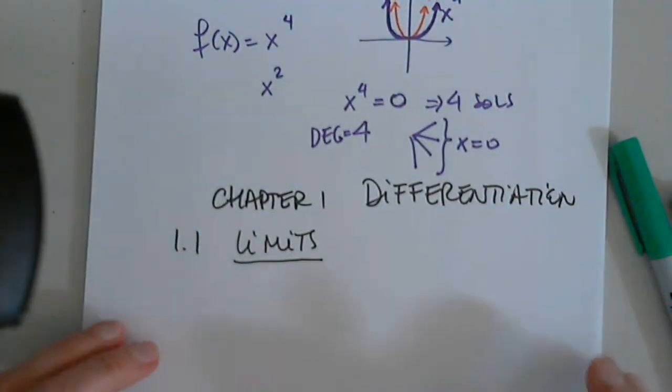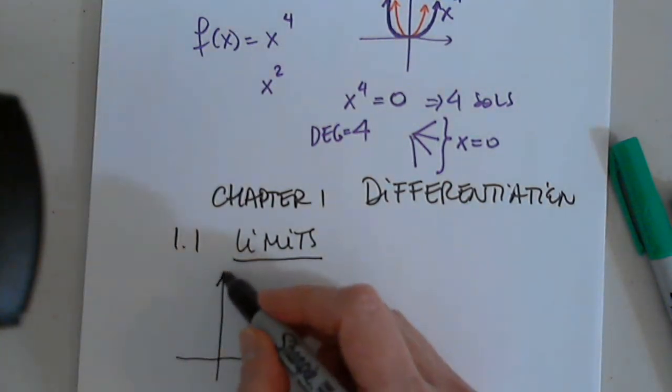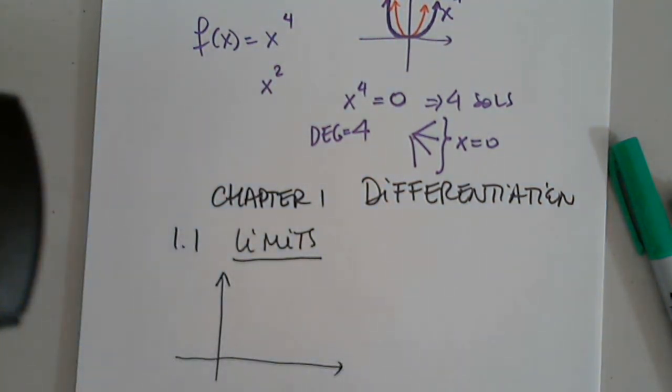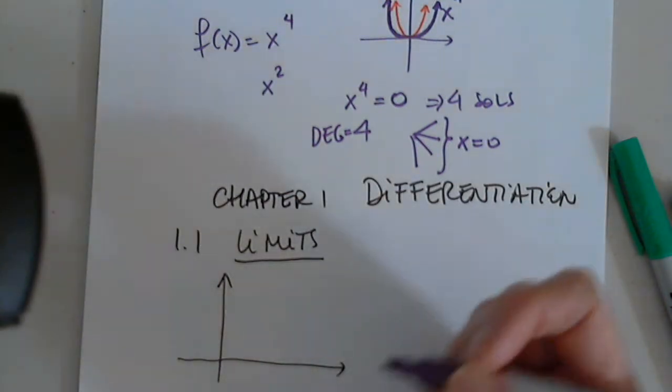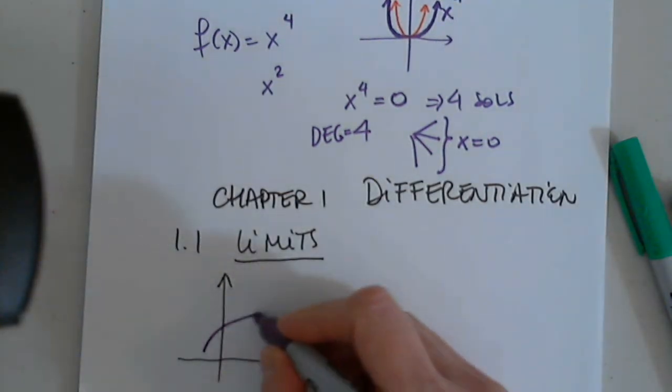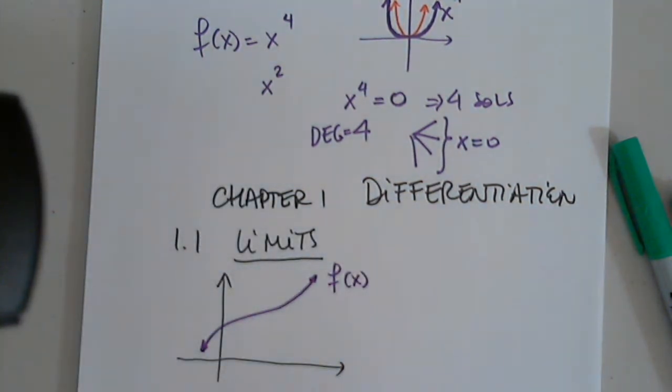Okay, so let's take a look at a function. We're going to look at some graphs in the book, so if you want, bring up your book, and I will bring up mine. Okay, so here's one graph. I have a function. So this is function f of x.